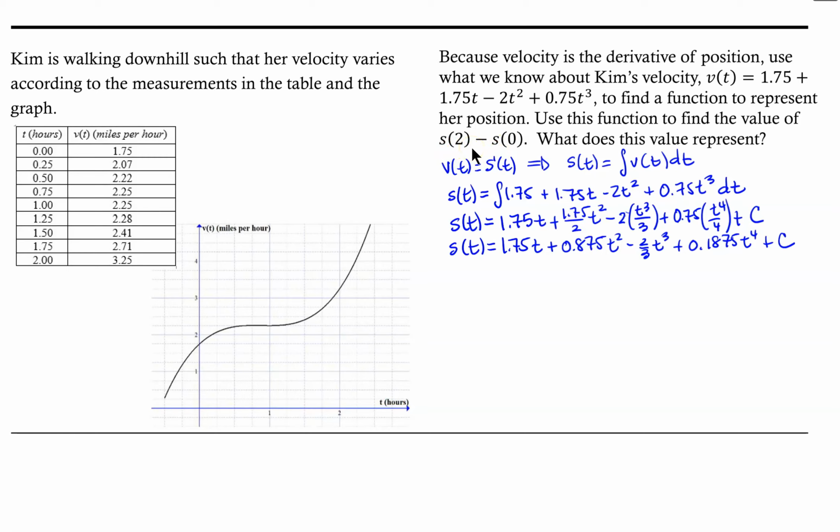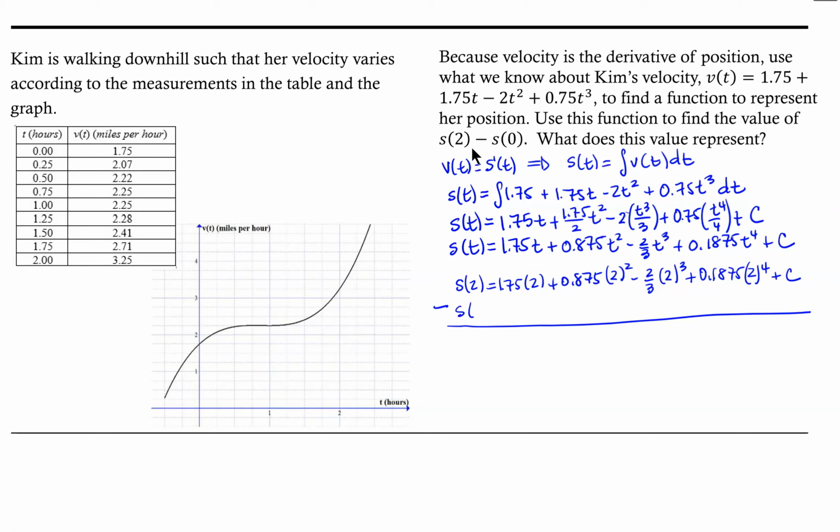So first of all, s of 2 is 1.75 times 2 plus 0.875 times 2 squared minus 2/3 2 cubed plus 0.1875 2 to the 4th plus c. And what we want to do is subtract from that s at 0.